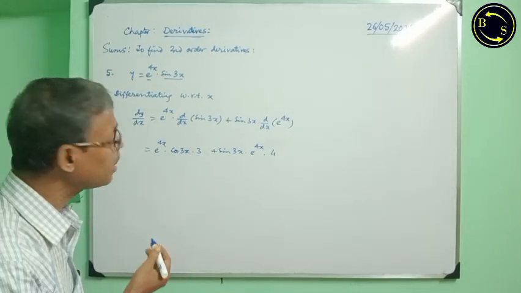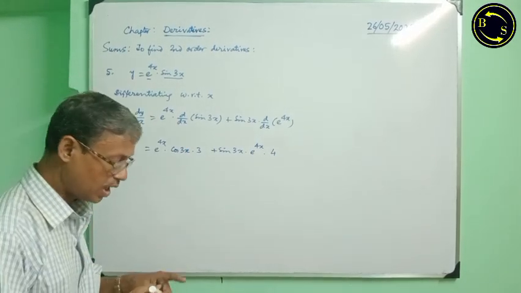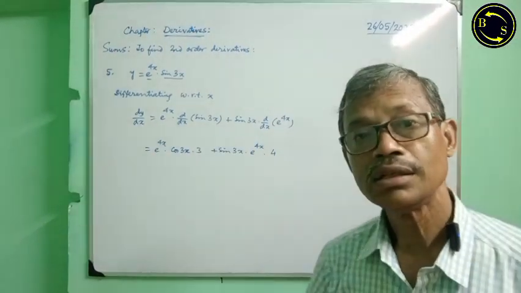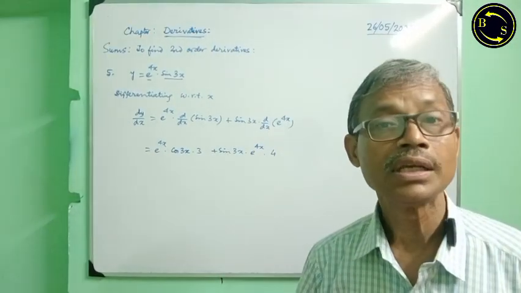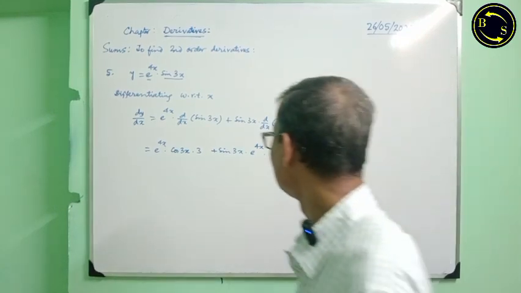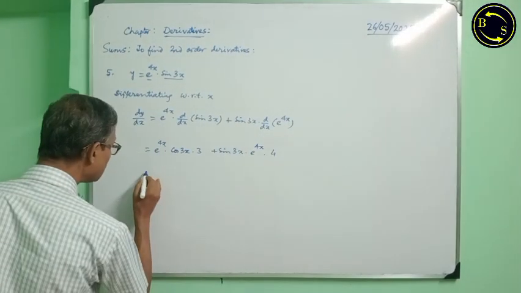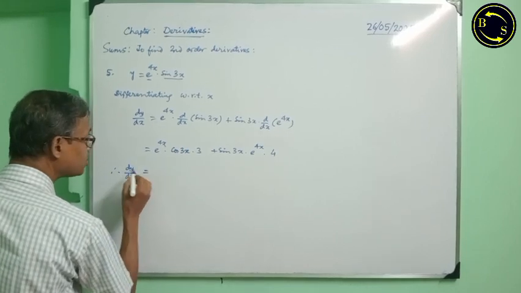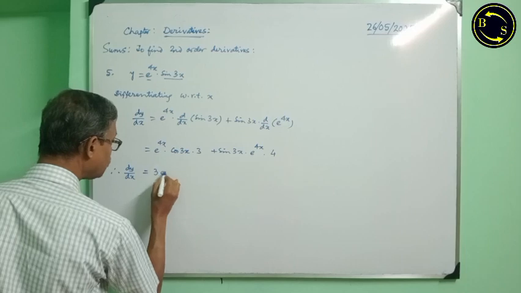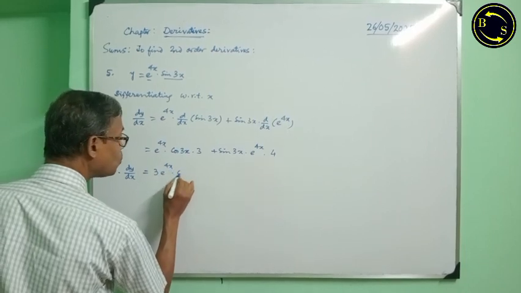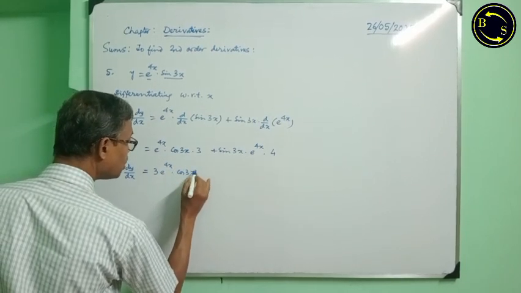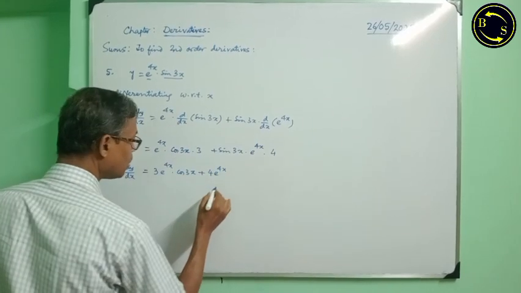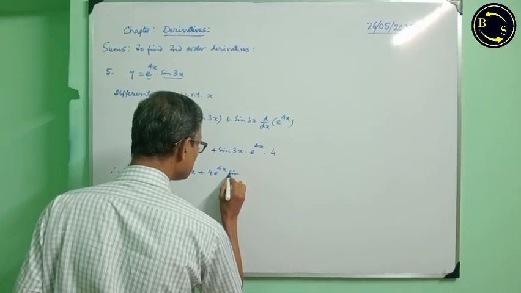I have calculated here mentally, and my advice to the learner, students, you try calculating mentally. Therefore, dy/dx is equal to 3 e to the power 4x into cos 3x plus 4 e to the power 4x sine 3x.